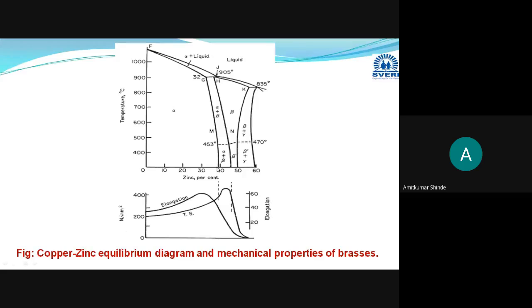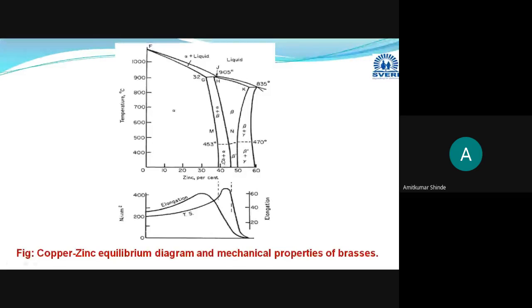And when the zinc amount goes above that solubility limit, that is, more than 38% zinc, then a new phase will appear, and that new phase is the beta phase.